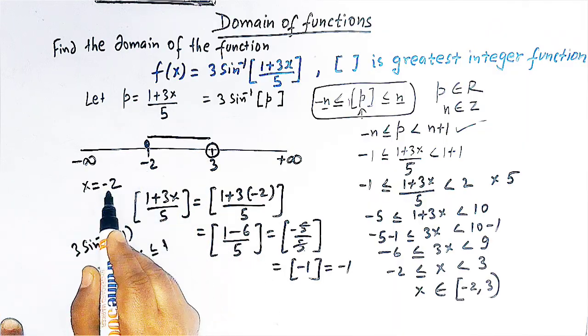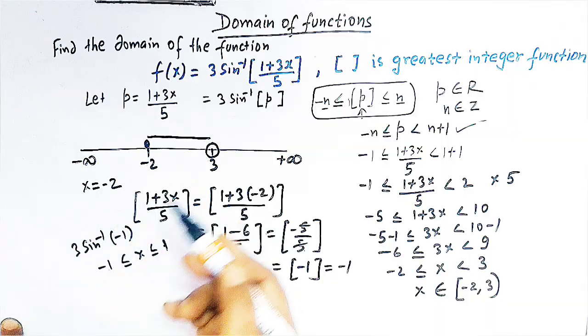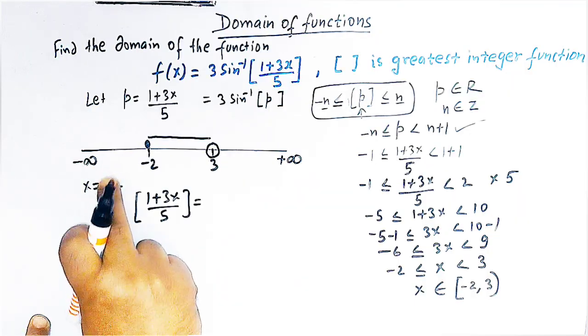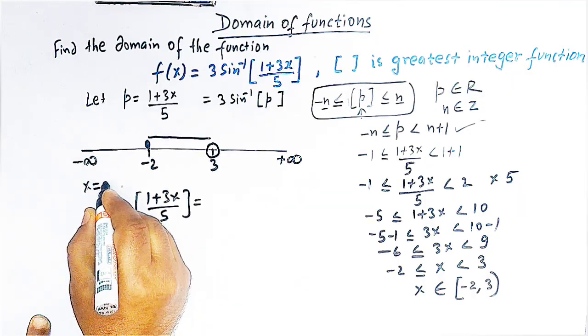So x is equal to minus 2 is verified. Now let us take x is equal to 3.